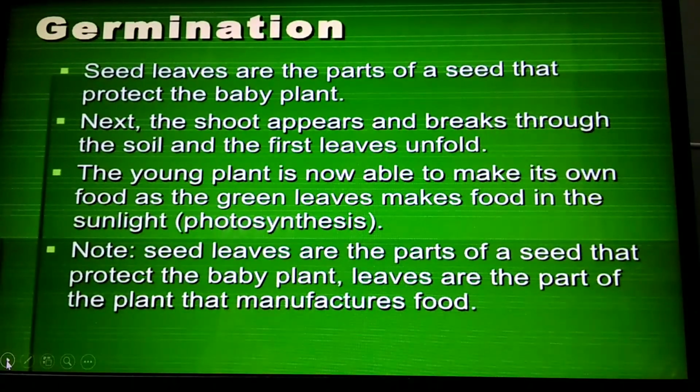Seed leaves are the parts of a seed that protect the baby plant. Next, the shoot appears and breaks through the soil and the first leaves unfold. The young plant is now able to make its own food as the green leaves make food in the sunlight, that is, by the process of photosynthesis. Note that these leaves are the part of a plant that manufactures food.